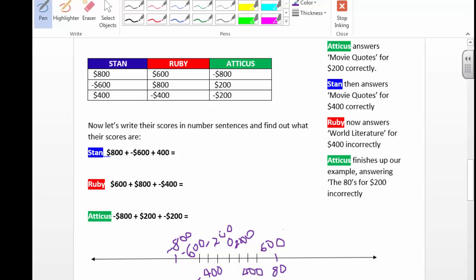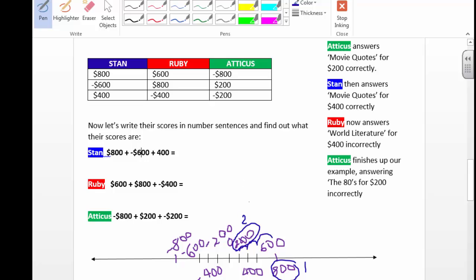Sorry, it's messy. All right, so next, we're going to use the number line to help us figure this out. We're going to start with Stan's, and we're going to start at 800. So this is where we're starting with Stan. Now, when we have a negative, we're going to go to the left. So there's 200, 400, and 600. So this is where we started. Our second score landed us with Stan at 200.